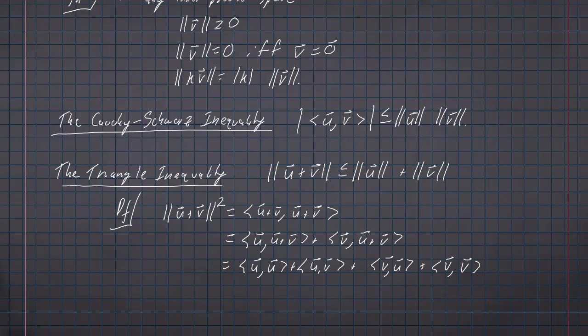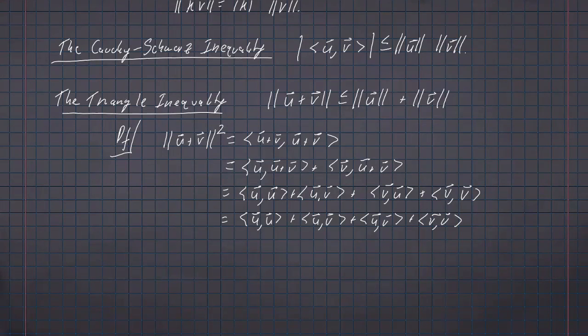And then notice we have an inner product of u and v. We have an inner product of v and u. The symmetry of the inner product lets us rewrite that. And then the inner product of u and v plus the inner product of u and v is simply twice the inner product of u and v.